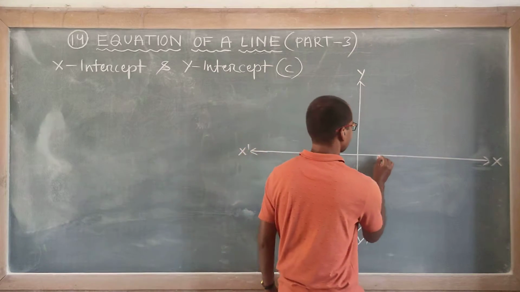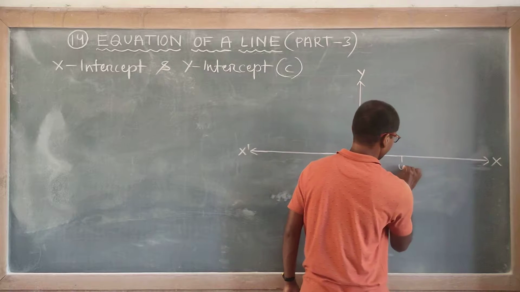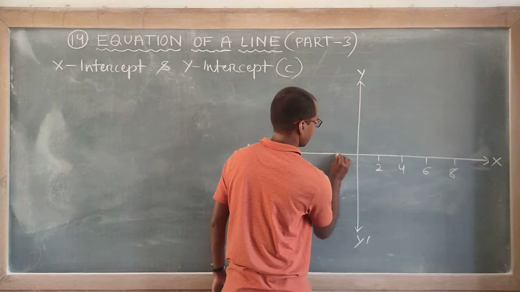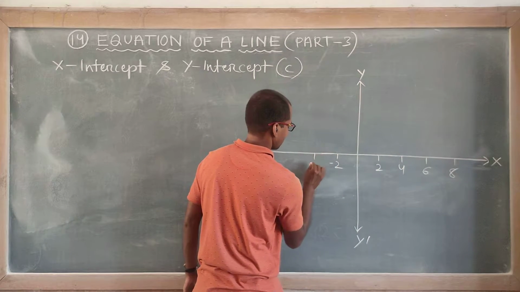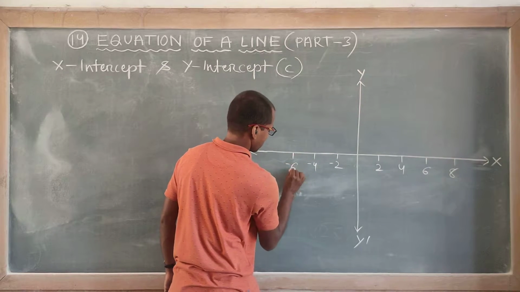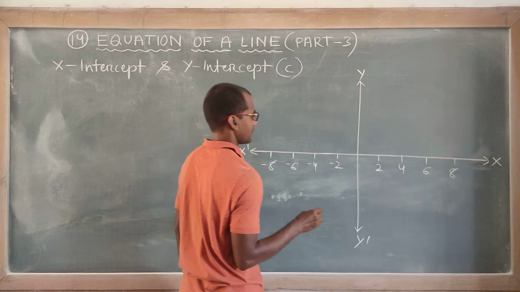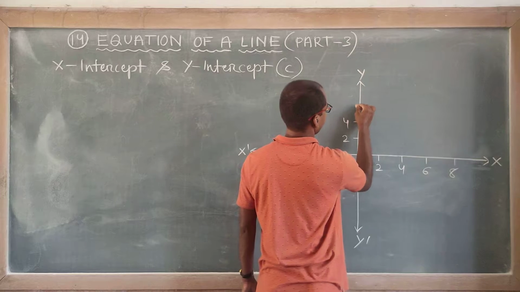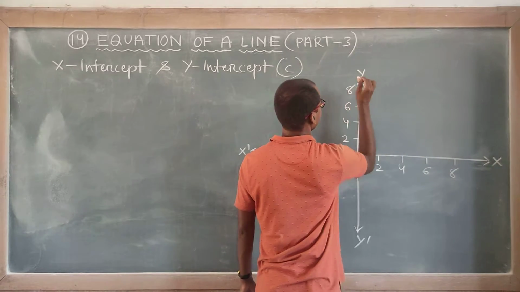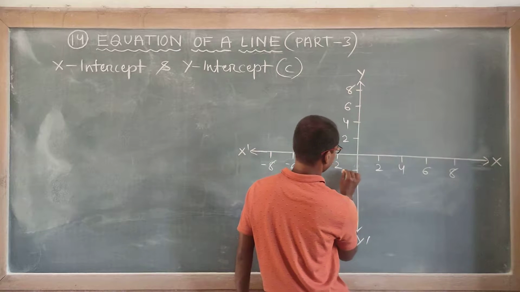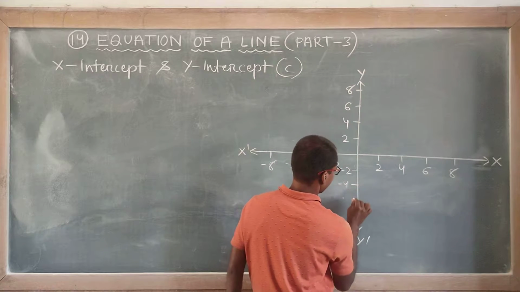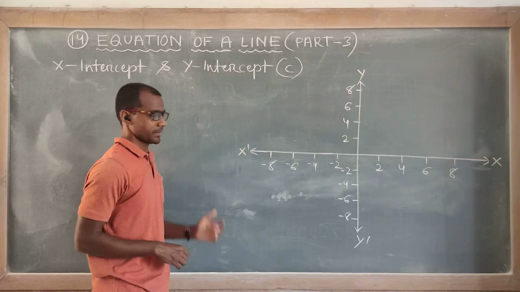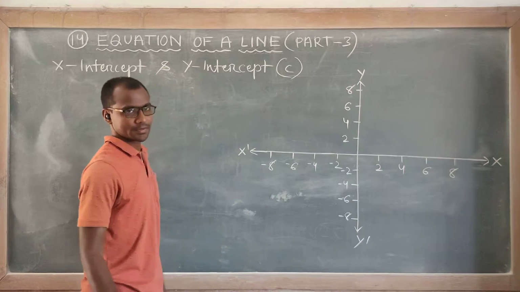Suppose this is 2, 4, 6, 8, minus 2, minus 4, minus 6, minus 8, and on the other axis 2, 4, 6, 8, minus 2, minus 4, minus 6 and minus 8. First let me give the definition of X intercept.